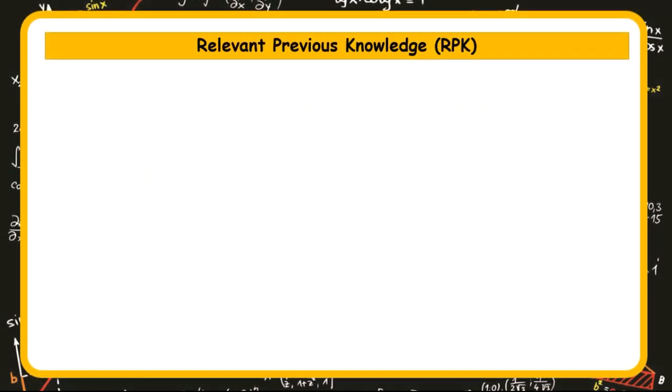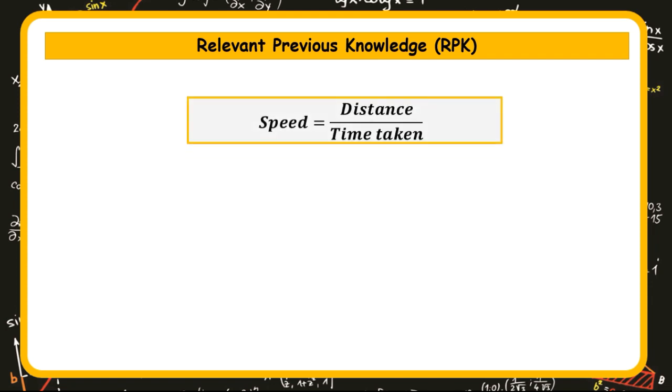Before we begin with the lesson of the day, let's do a recap of what we know before, and that is the relevant previous knowledge. During lesson number 2, we agreed that speed was mathematically equal to distance traveled over time taken.